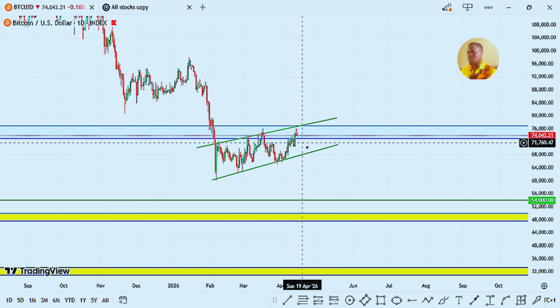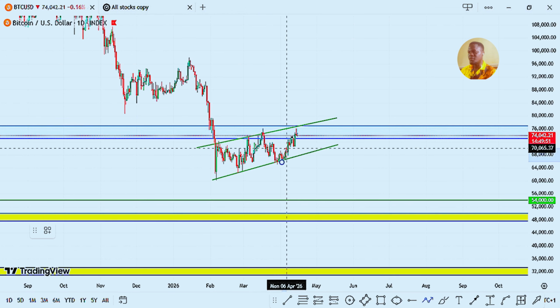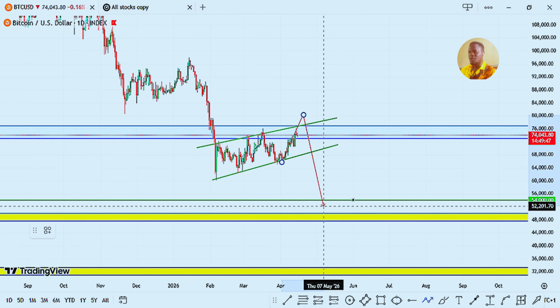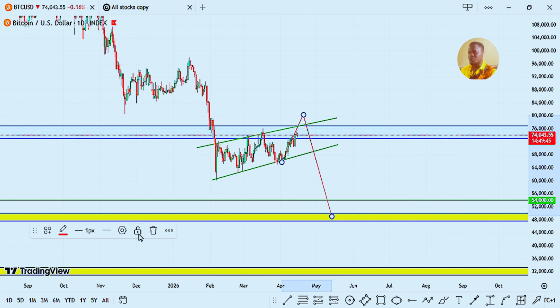I want to see if we can clear this previous high right here. Maybe if I see something like this, then I'll start looking for a sell trade on this BTC.